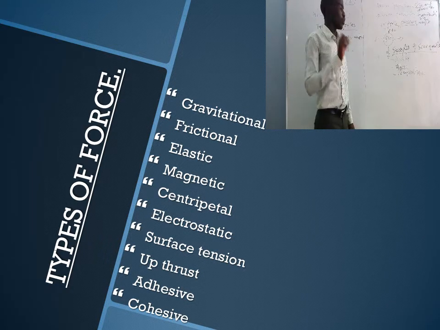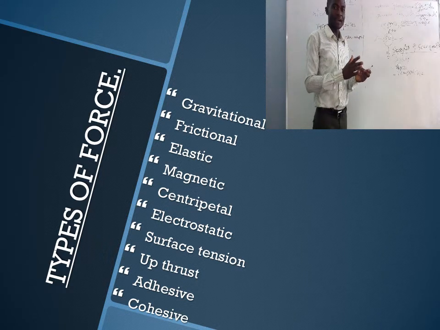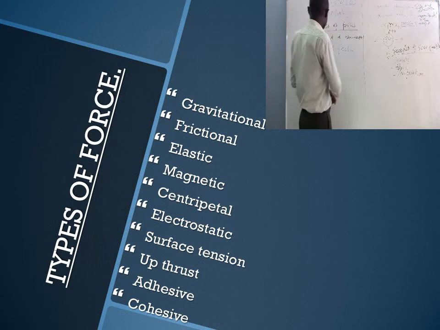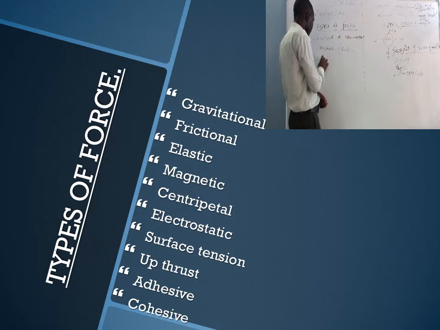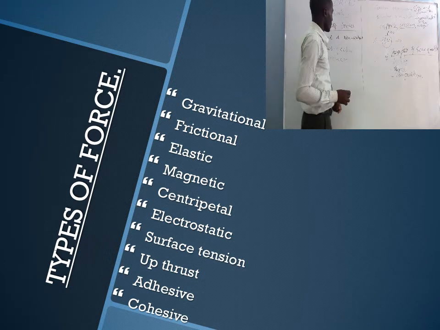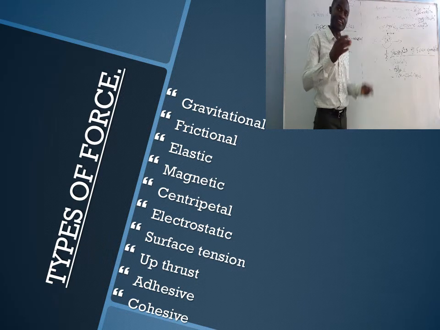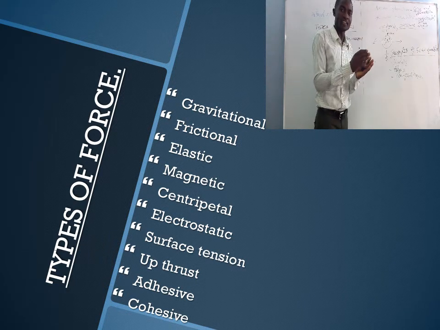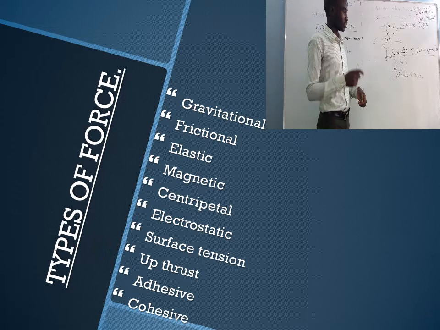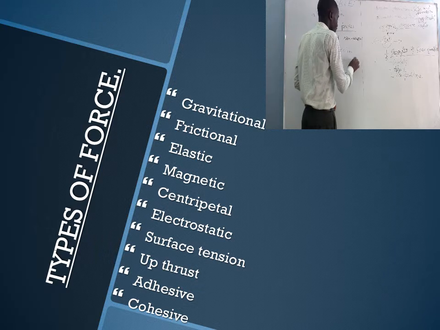Friction force can only be experienced when two bodies are in contact with each other, whereas non-contact forces are those forces which can be experienced even if the two bodies are not in contact with each other. An example is magnetic force.